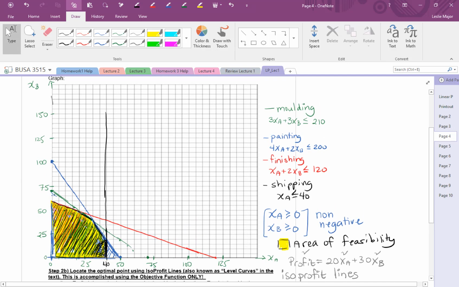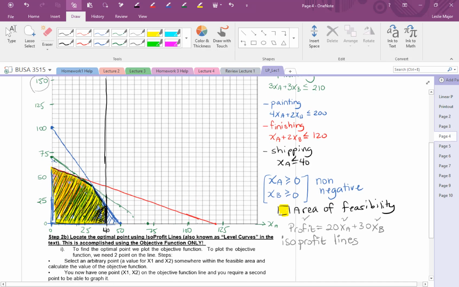Now, I have decided to go up to 150 in the XB, and actually I could go up to 150 with XA also. So to figure out a nice value for my profit, I'm going to play a little bit with these values. What if I went up to 150 for my XA?